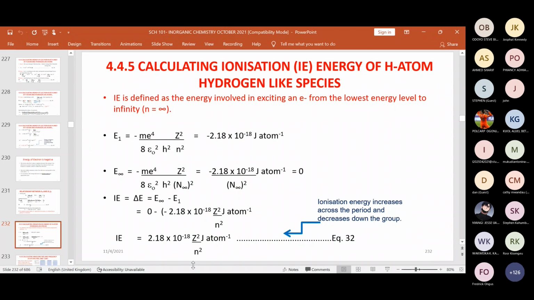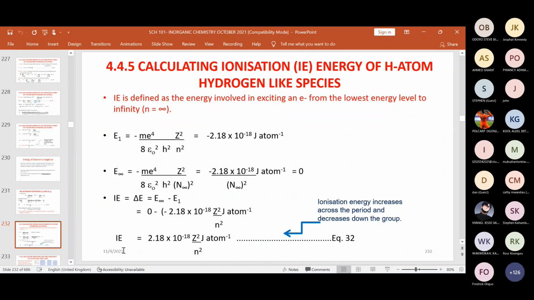Now, if we go to the periodic table, we can also analyze the trend in the ionization energy of electron. Let's look at the first period, or just within the period. As you move from the left hand side to the right hand side, the value of Z is increasing, but the value of n is the same.